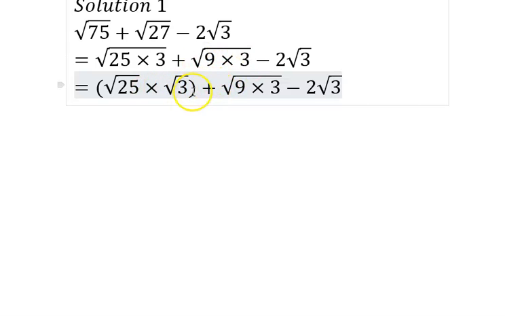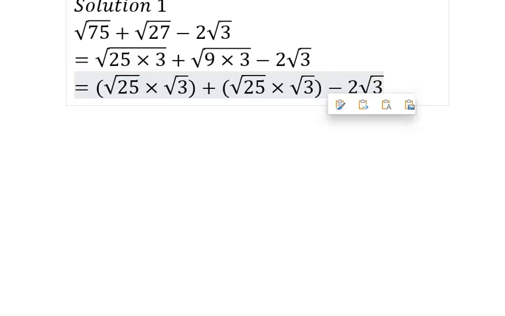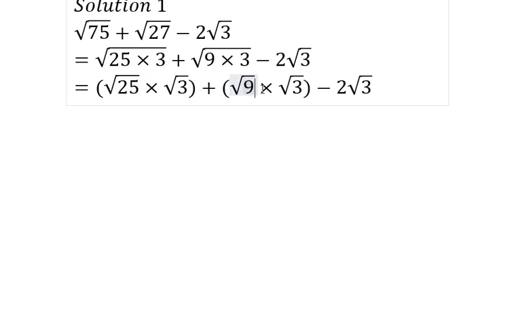In the same way, we can split this root 9 and root 3 as well. Here will be root 9 and here will be root 3. Beautiful. And minus 2 root 3. This one is there already.